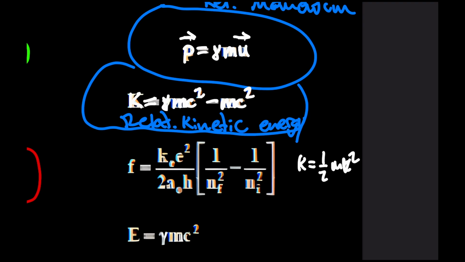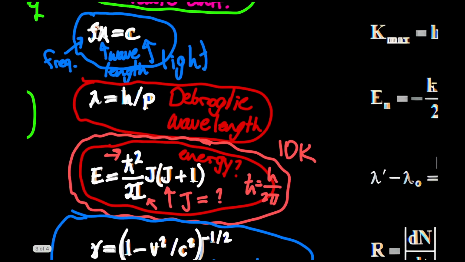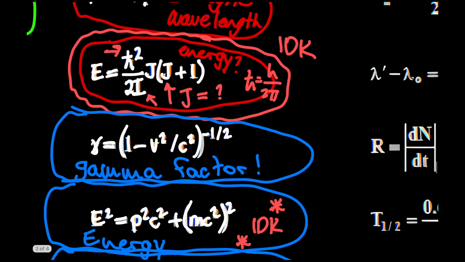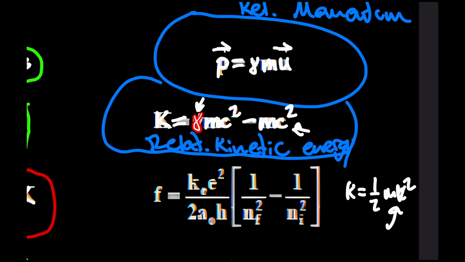So if you want to find relativistic kinetic energy, you replace this v for a c, the speed of light, and you have gamma over here, which you have been given before over here. Take a look. Gamma actually has a c in there, and it has v squared in there, which is the velocity of the object. So whatever velocity your object has, it goes into this gamma. You have an mc squared factor and then the mc squared factor here.